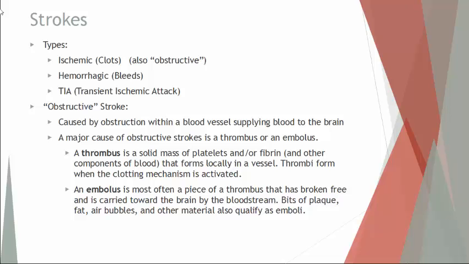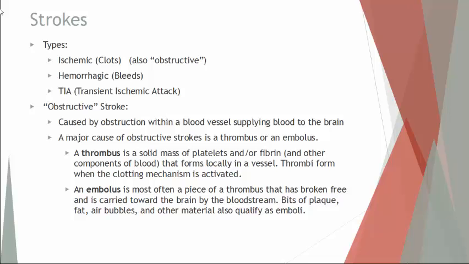And the last one, the TIA, transient ischemic attack. Of the three of these, it is probably the most preferable one if you had to choose. Hopefully you won't ever have to be in any of these situations. But of the three, the TIA is the easiest to deal with. It's also called a mini stroke.